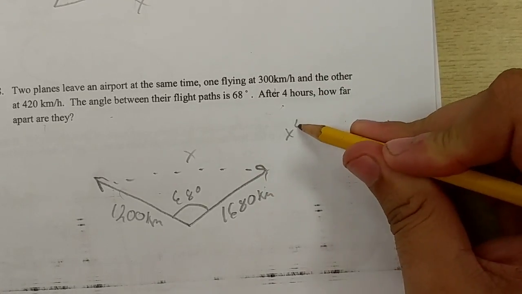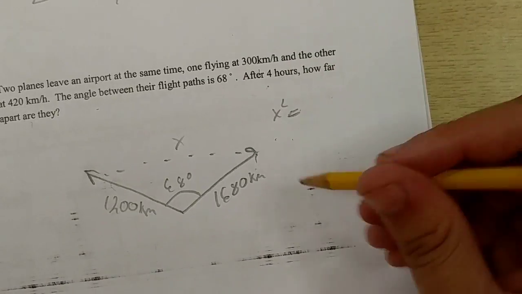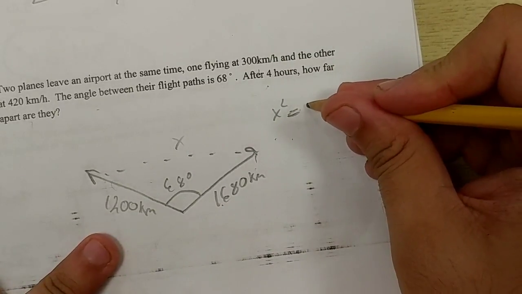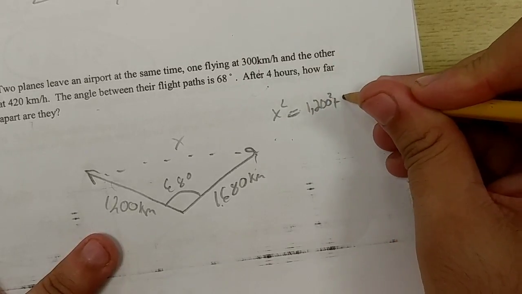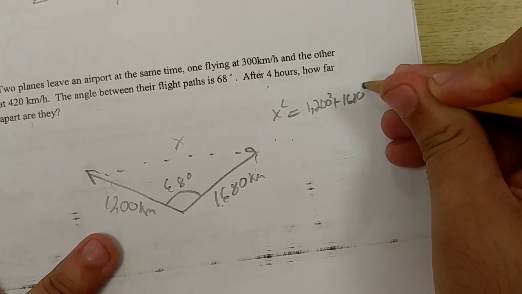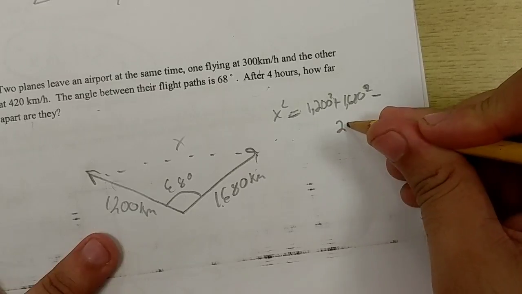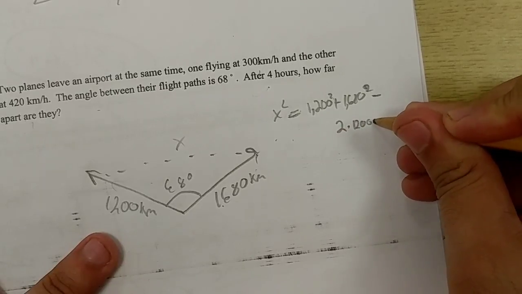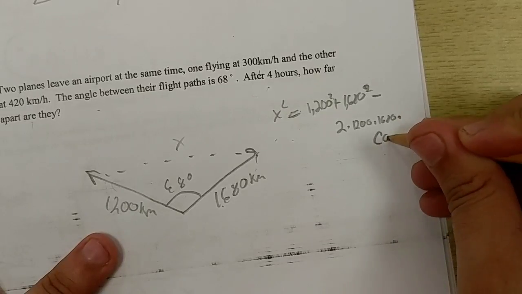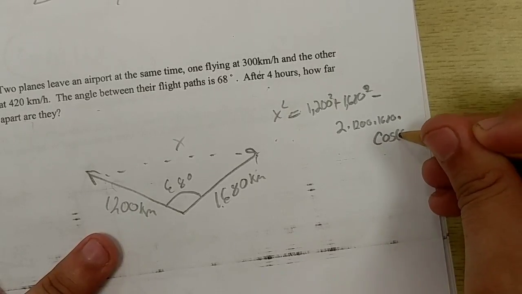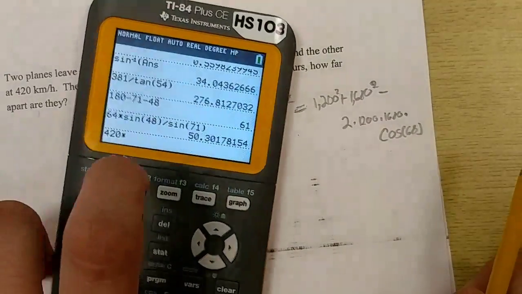So x squared equals a squared plus b squared, so 1200 squared plus 1680 squared, minus 2 times 1200 times 1680 times the cosine of that angle, which I know is 68 degrees. Let's type that all in.